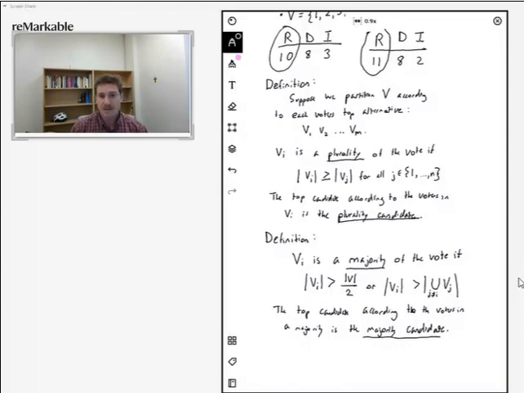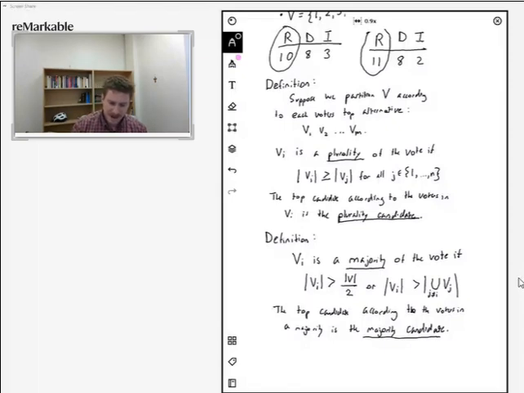Because now if we partition again the set of voters according to who their top candidate is, the size of the set of voters that favor the Republican most will be greater than each of the other two, and it'll also be greater than the union of the other two, or equivalently greater than half the overall size of the set of voters.